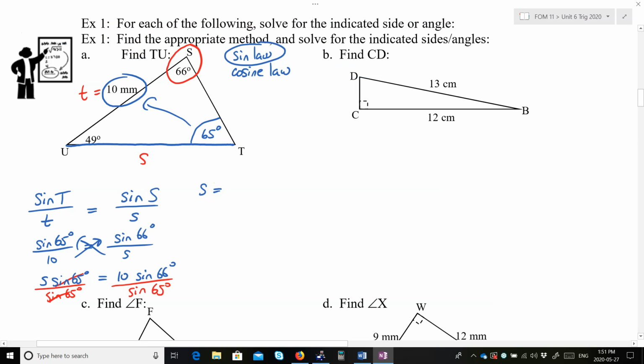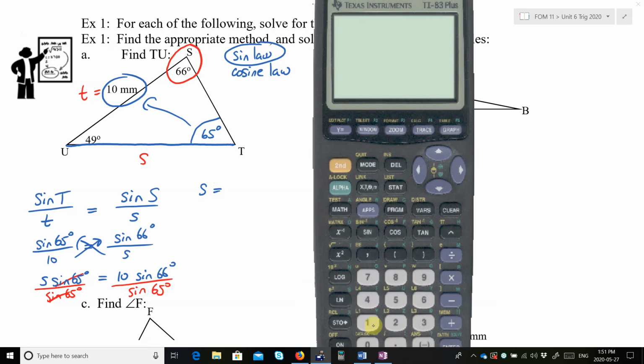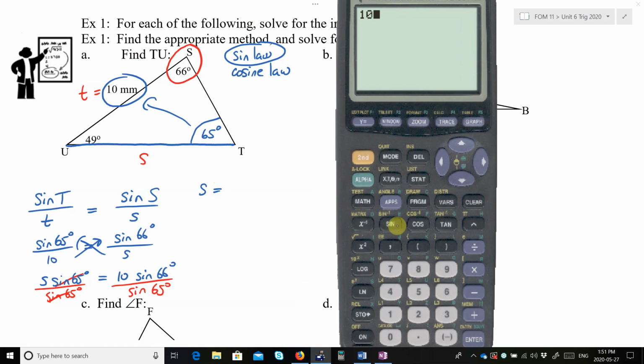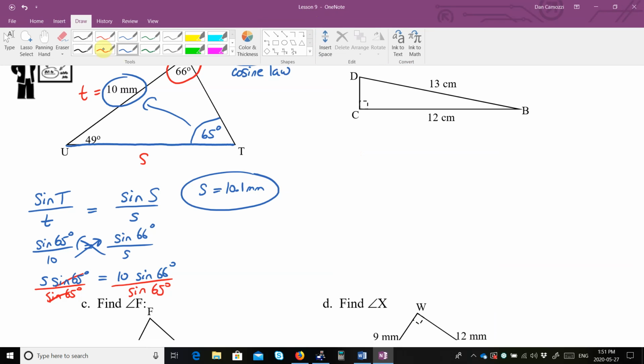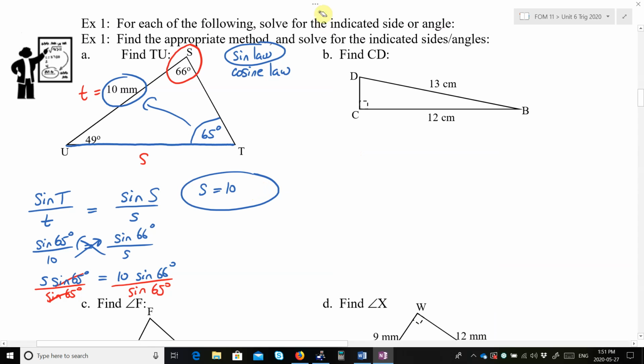Here's what we're going to get for s: 10 sine 66 divided by sine 65. Okay, so 10.1 millimeters.